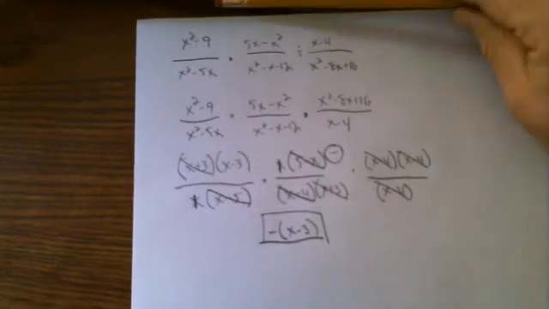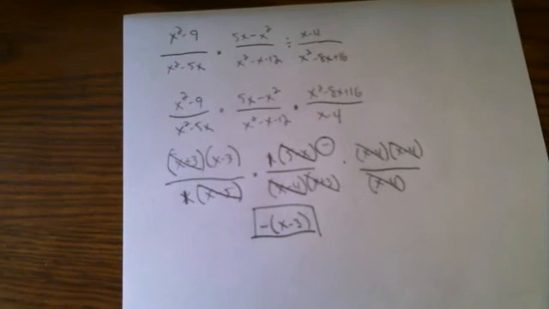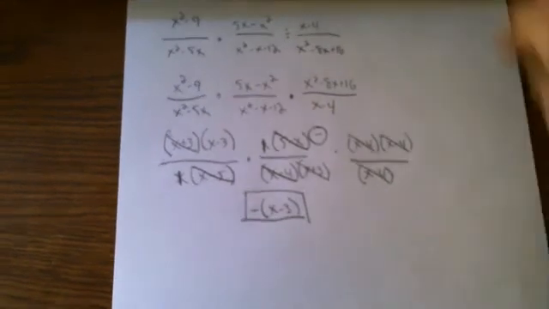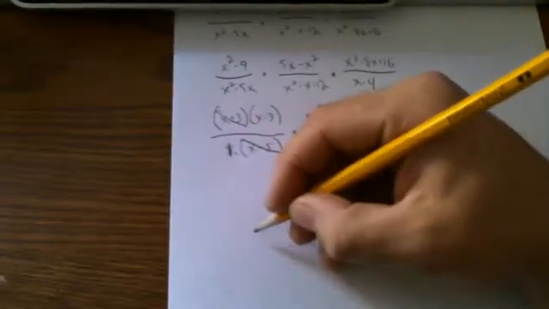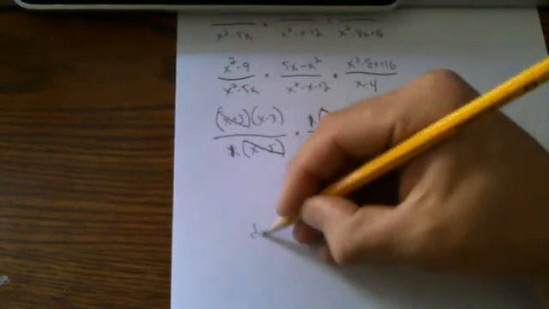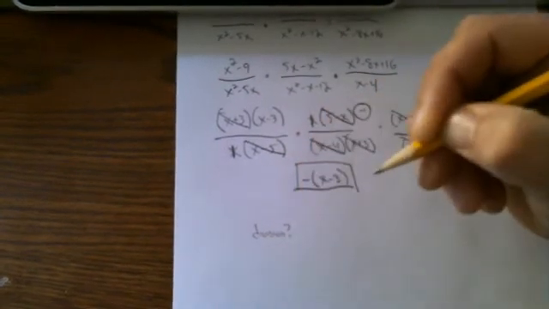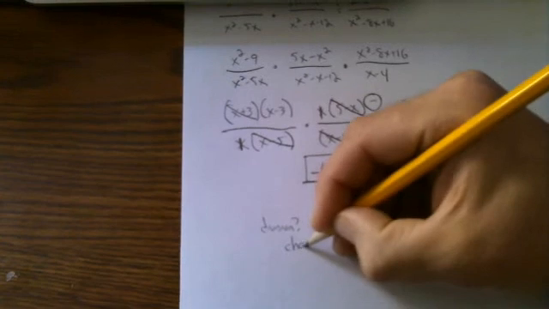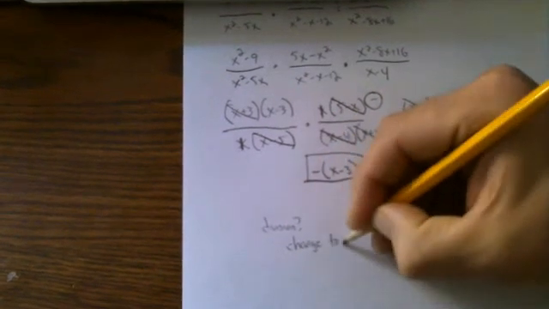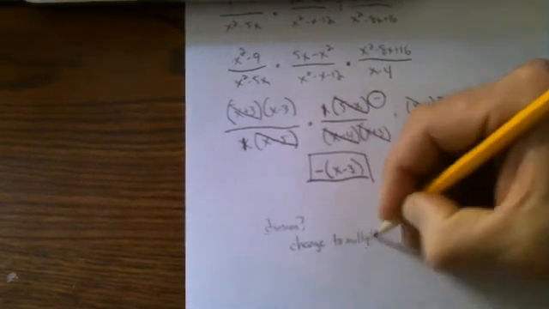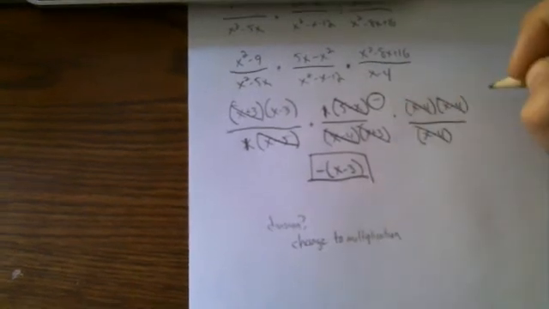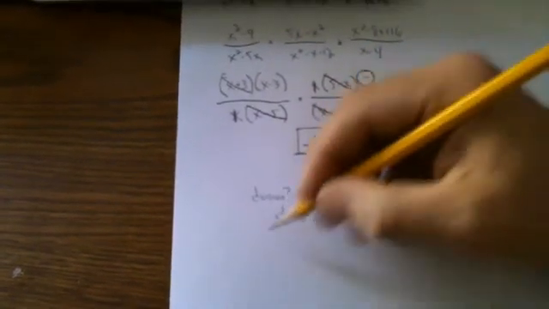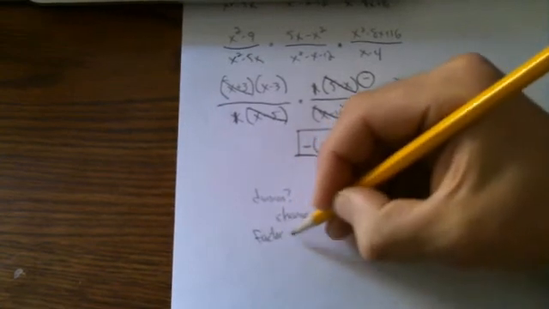Okay, long video, but this is a skill that typically students have a little trouble with, so I needed to provide some examples. But just to summarize what happened here, to multiply and divide, if it's division, change the fraction. So if it's multiplication, then you can begin factoring completely.